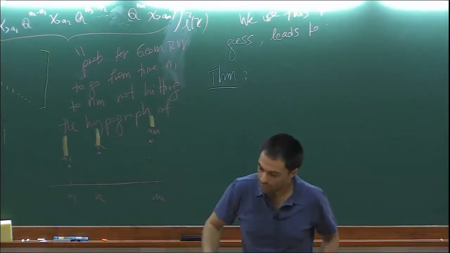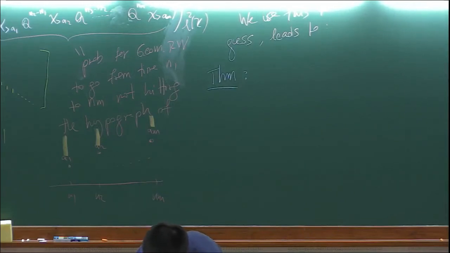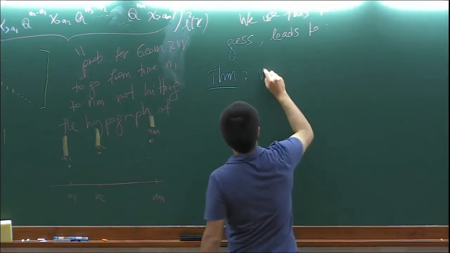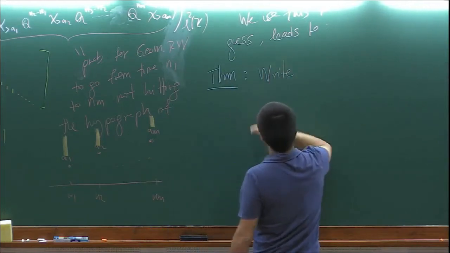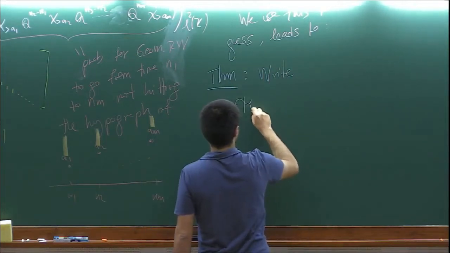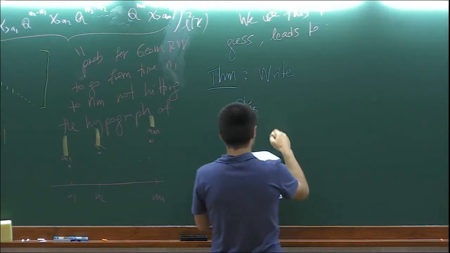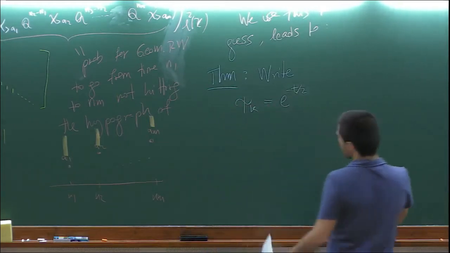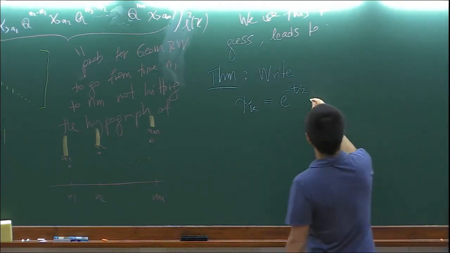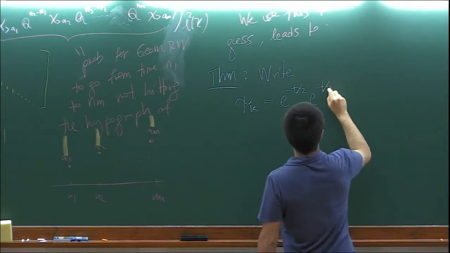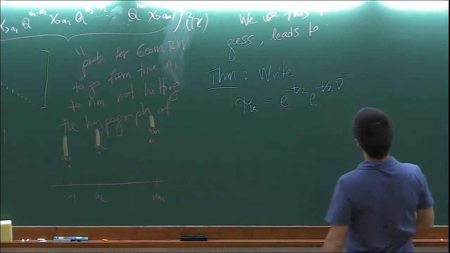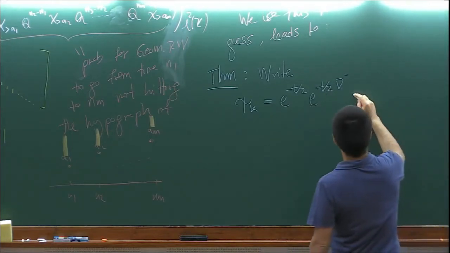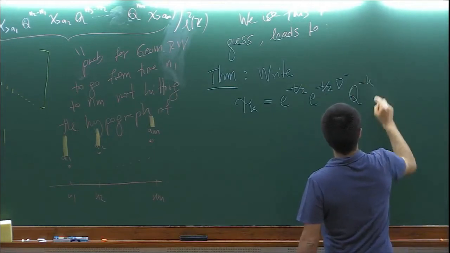As I said, in this lecture, I have to write formulas. There's nothing I can do. So write psi of k as e to the minus t over 2, that's just a number, and then e to the minus t over 2 grad minus, a discrete backwards difference operator, applied to q to the minus k.